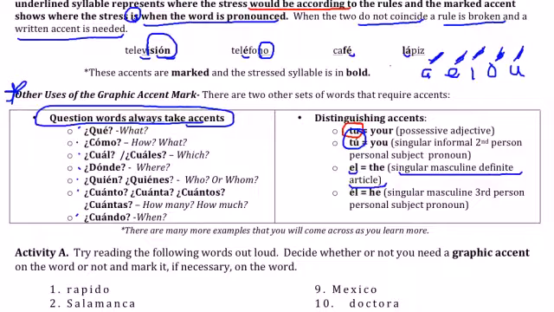Él with an accent is the singular masculine third person personal subject pronoun. In general, we understand that these accents really can change part of speech, and when you change the part of speech, you can actually change the meaning of what you're trying to say. So keep in mind that an accent can change a pronunciation, but it can also change what you mean to say.